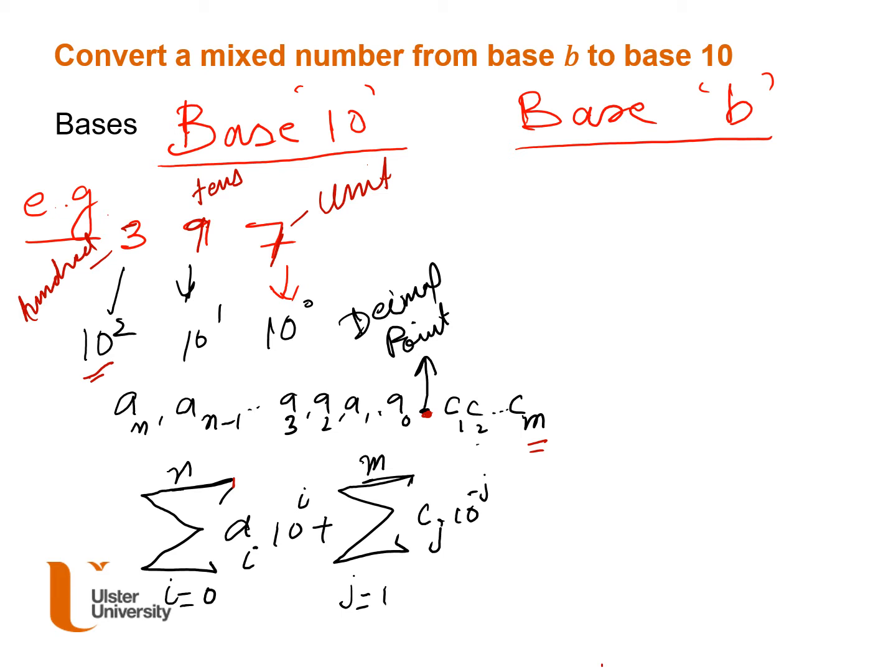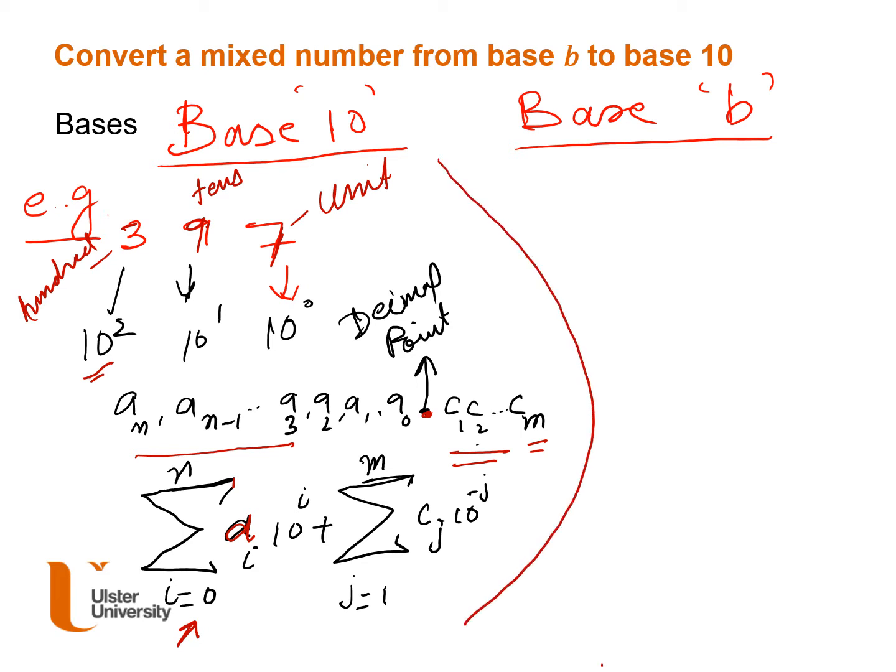When we write using sigma notation, it would be the sum for i starting from 0 till n of a_i times 10 to the power i, plus, for the decimal portion of the number, j equal to 1 till m, that is the last term, of c_j times 10 to the power minus j.